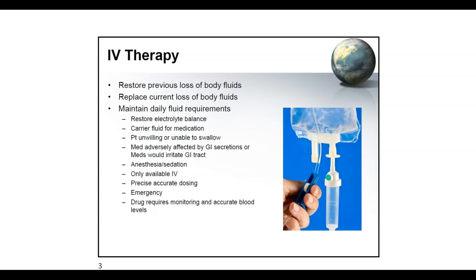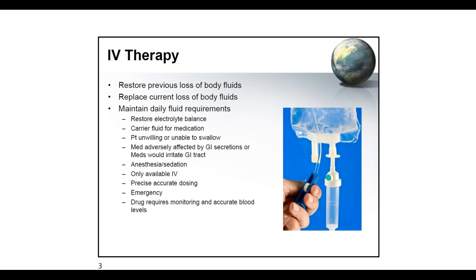I guess more specifically, if you want a medication to be within a certain concentration, it's going to be more consistent when you give it IV because it doesn't have to go through that first pass effect, right? If you give a medication PO, it has to be metabolized by the liver, and sometimes depending on the liver function and your kidney function, that concentration of medication may be inconsistent.